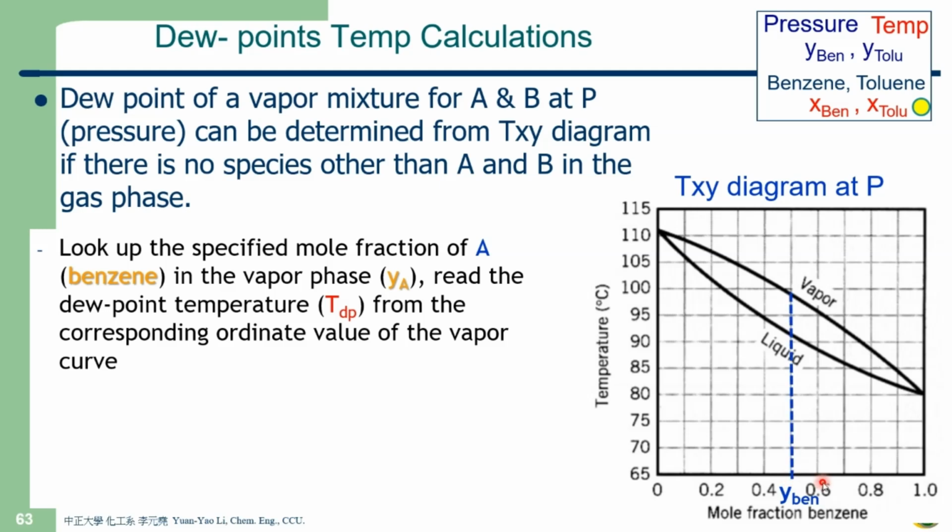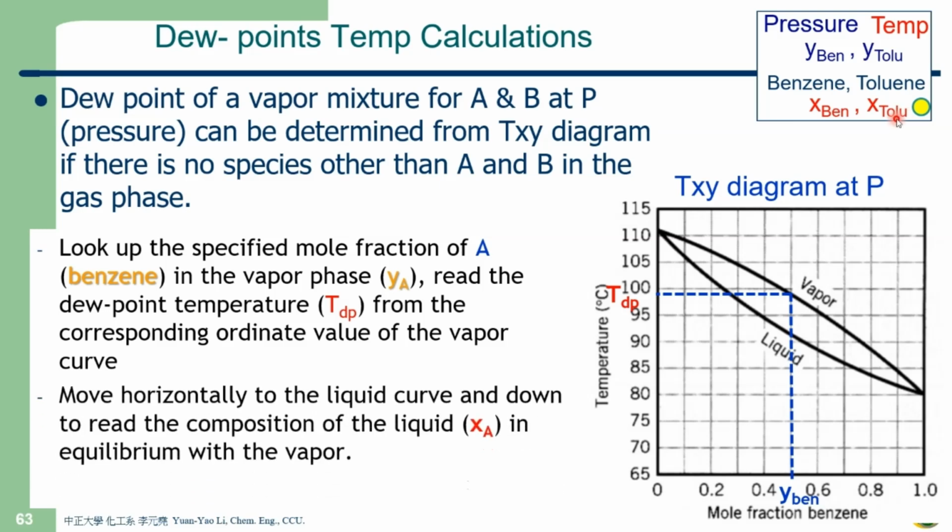You go to the line here, meet the vapor curve, and this is what we call the dew point. In the previous page it was the bubble point, and now you go up here, and this is the dew point. So you know the dew point temperature. What you need to know next is the molar fraction in the liquid phase.